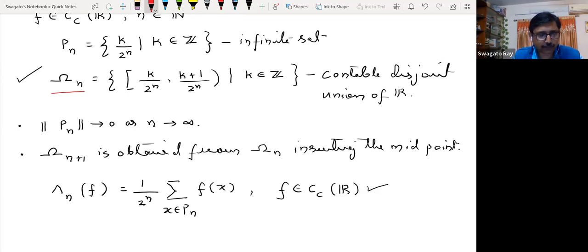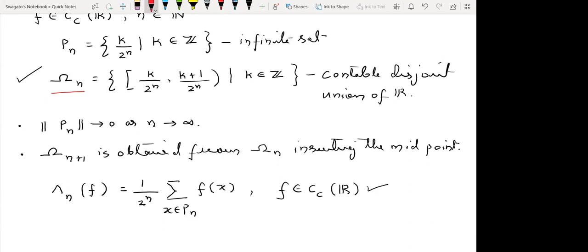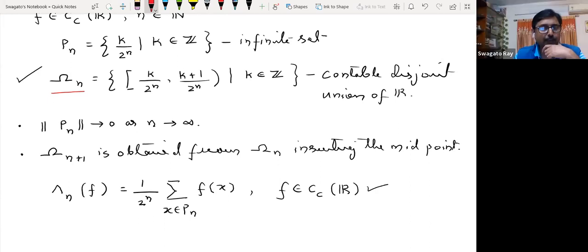Now, out of that partition, suppose I want to produce a Riemann sum. Will it look like lambda n f? What it should be, if I want to create a Riemann sum out of omega n, it should be a sum over the points which are included in the partition. In my case, these are certain k by 2 to the power n, finitely many.